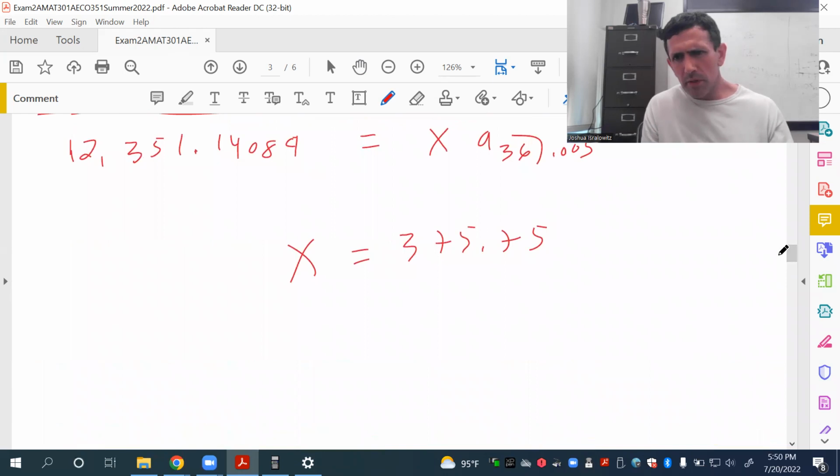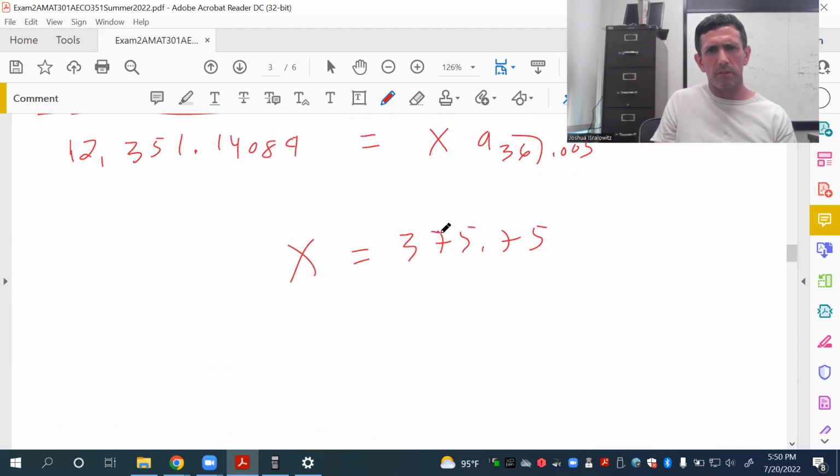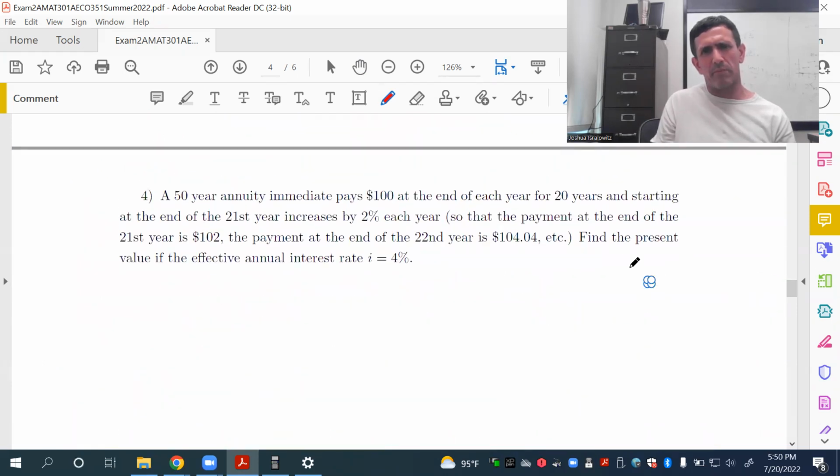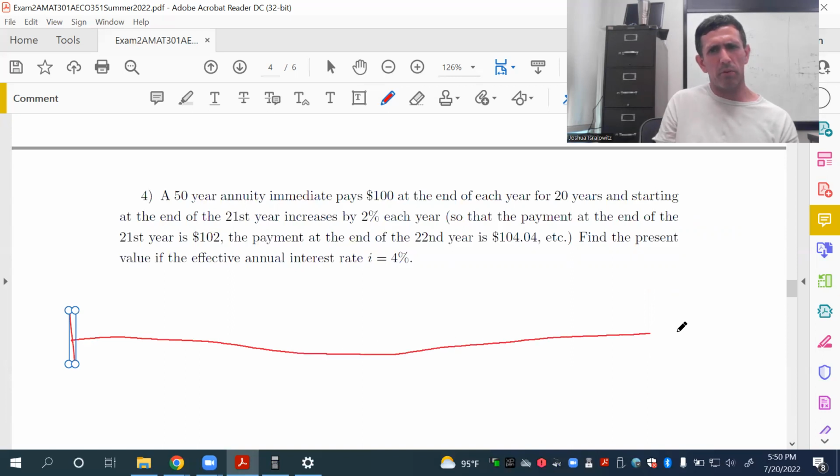Okay, right, so the problem 4. So this is basically exactly the same thing as one of the homeworks, except instead of an annuity in perpetuity, it's a 50-year annuity.